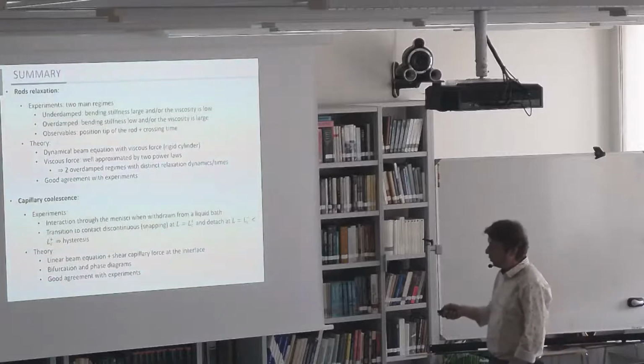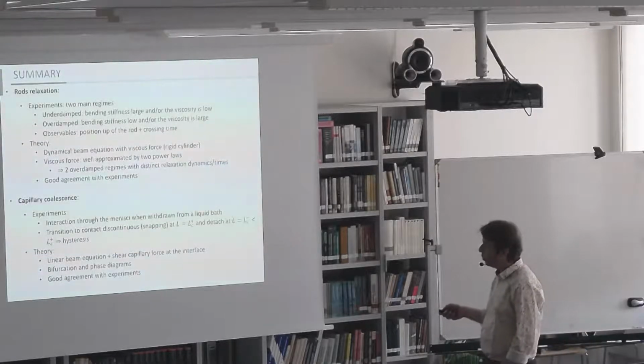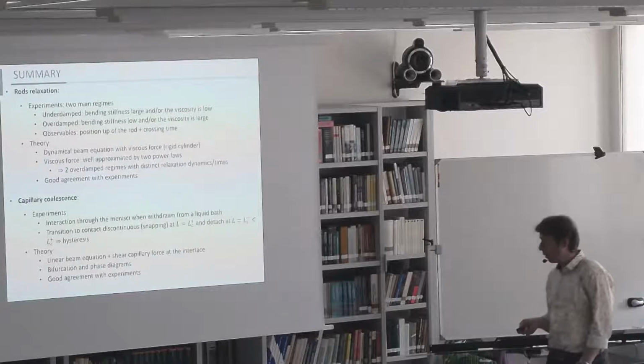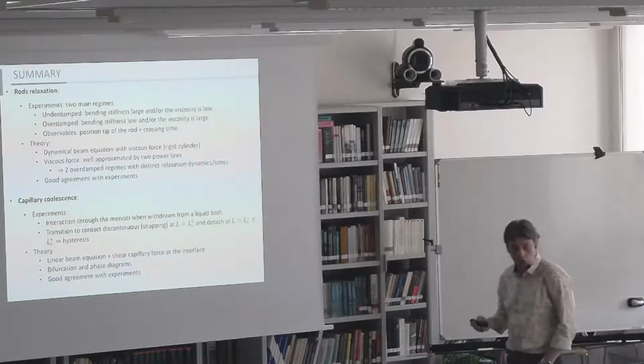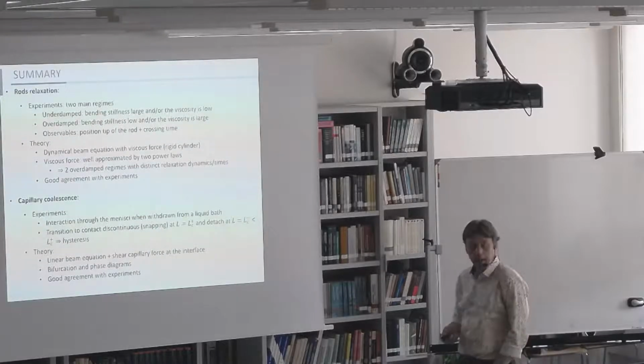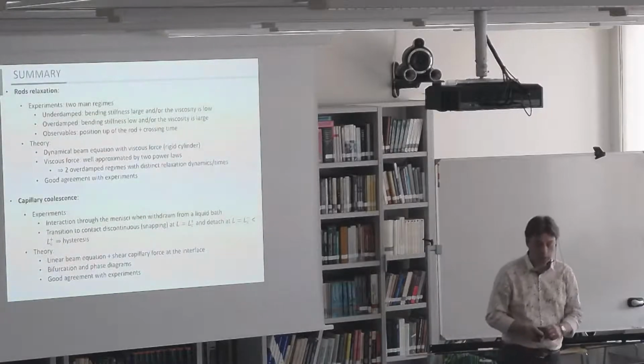And for the theory, it's simply a linear beam equation with a shear capillary force at the interface. From the theory, you can compute bifurcation and phase diagram, which agree well with the data. Okay, thank you for your attention.